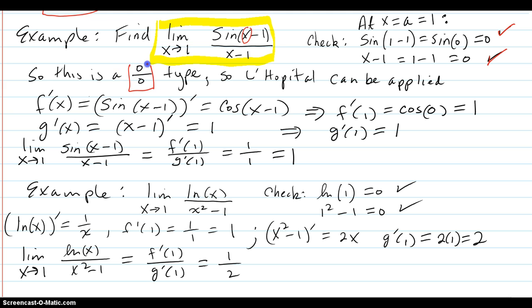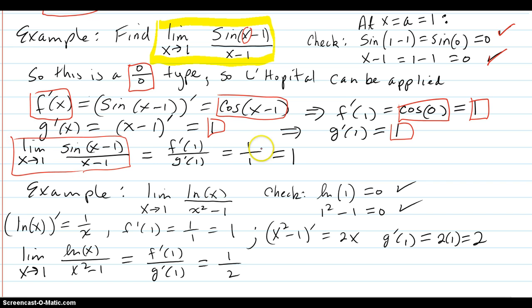It's a 0 divided by 0 type. So we calculate f prime, and that comes out to be cosine x minus 1, and evaluate that at 1, and we get cosine of 0, which is equal to 1. And g prime is the derivative of x minus 1, which is 1. So g prime of 1 is 1. So L'Hopital's rule says that our original limit is equal to 1.